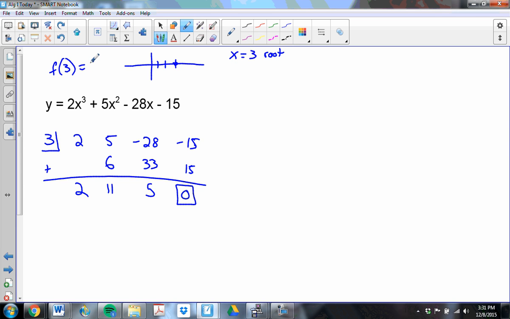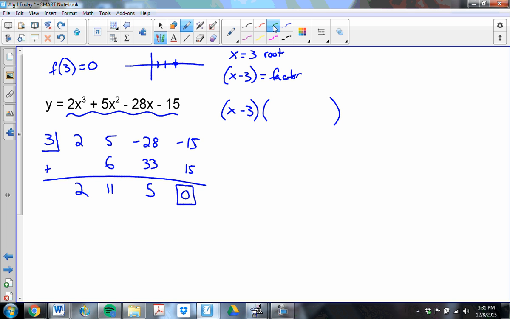Well, if x equals 3 is a root of the equation, then we know that x minus 3 is a factor of the equation. If I try and factor it, one of the bubbles will be x minus 3. Well, then the question becomes, what's all the other stuff it would multiply by? What other 3 terms can I factor this out of?